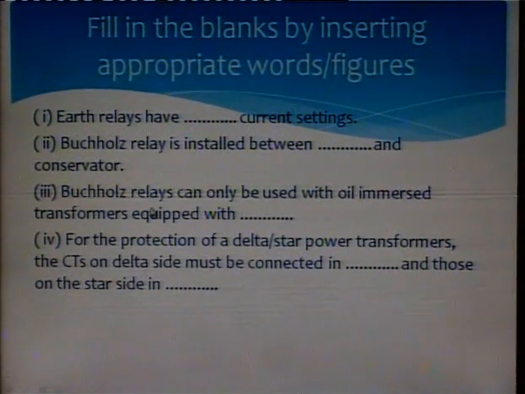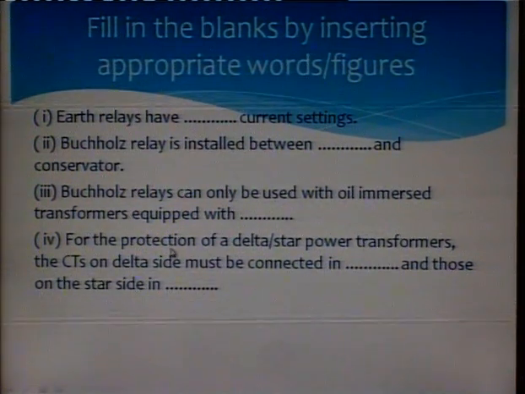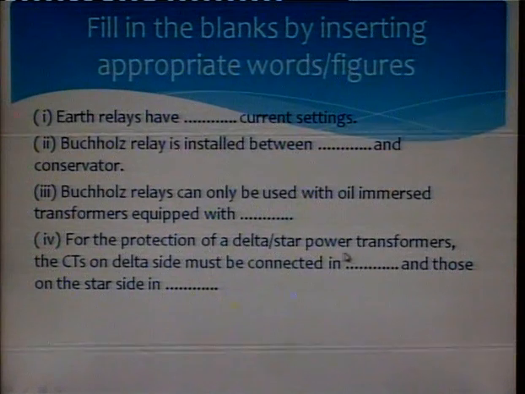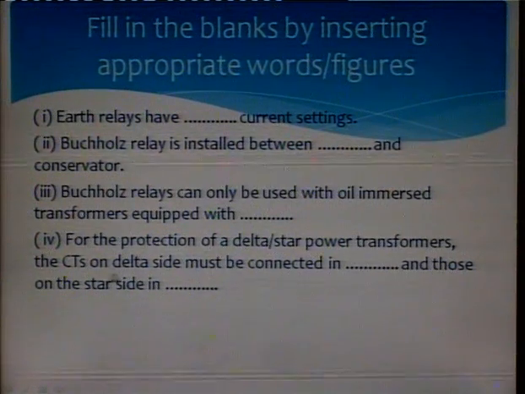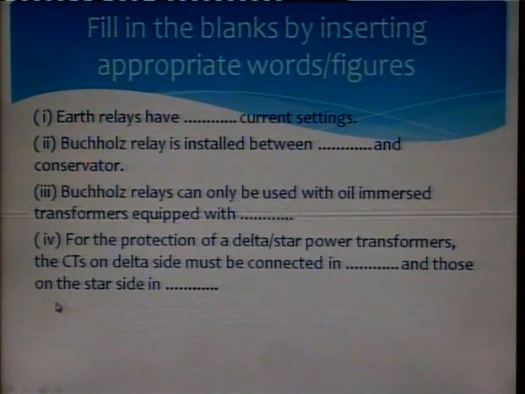The Buchholz relay can only be used with oil-immersed transformers equipped with a conservator. For the protection of a delta-star transformer, the CTs on the delta side must be connected in star and those on the star side in delta.